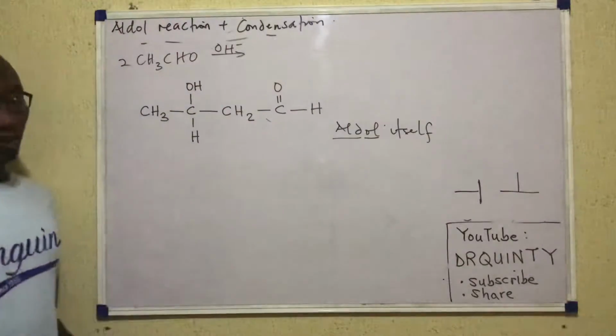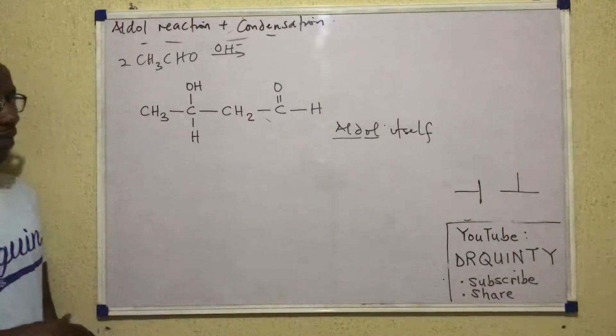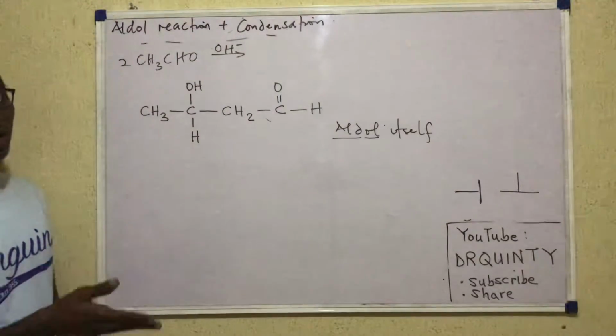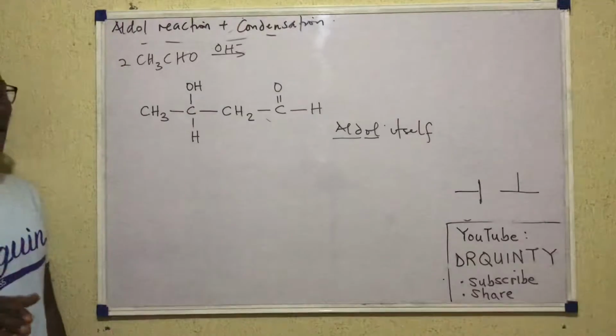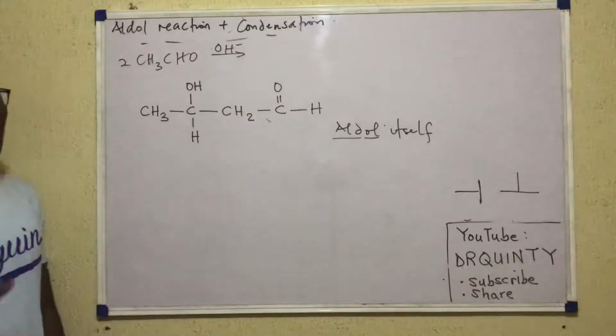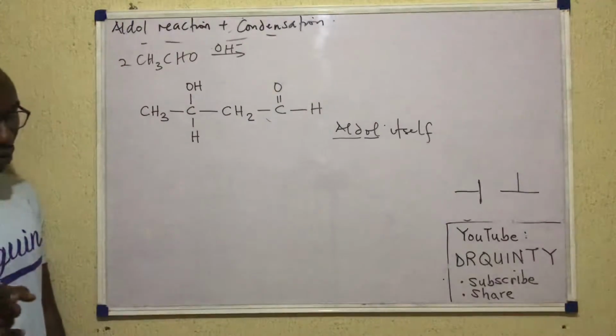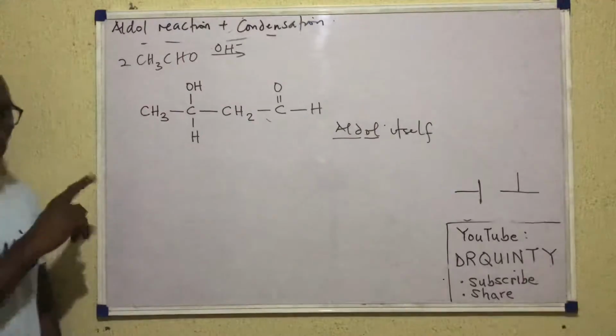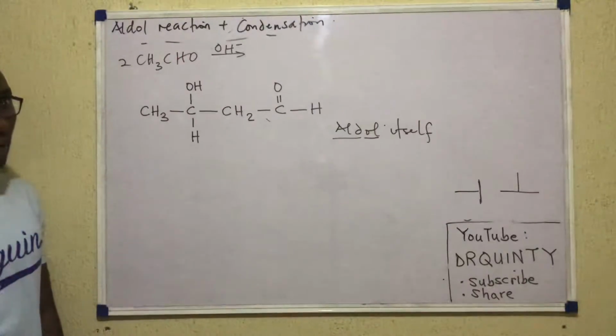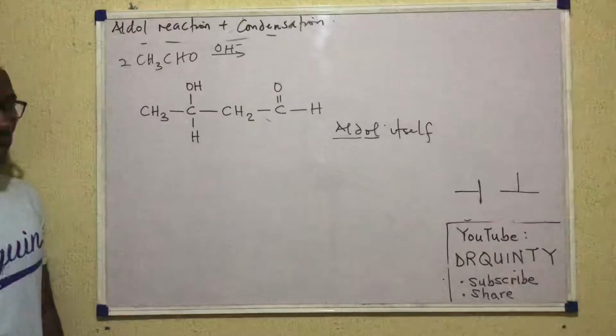So aldols usually have the aldehyde group as well as the hydroxyl group. But there are some other aldols that actually have the ketone group and the alcohol group. We still regard them as aldols.